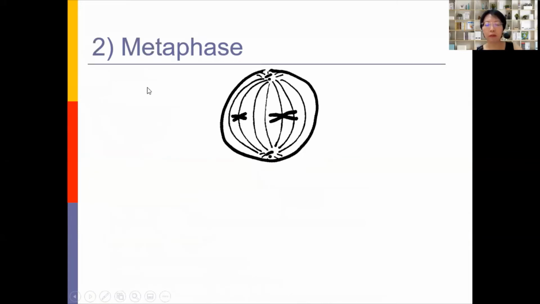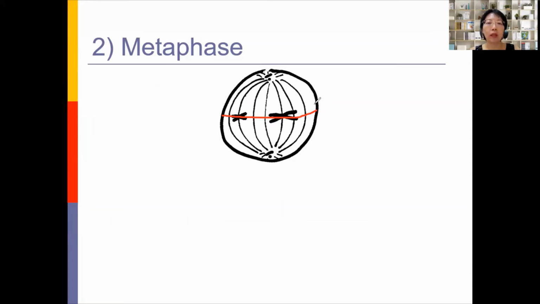Now metaphase. Meta means middle, right? All the chromosomes are arranged in the middle. Imagine this is the Earth, and the centrioles at opposite poles are the North Pole and South Pole. The chromosomes will be arranged at the equator. The equator is like the belt at the center circumference of the Earth.